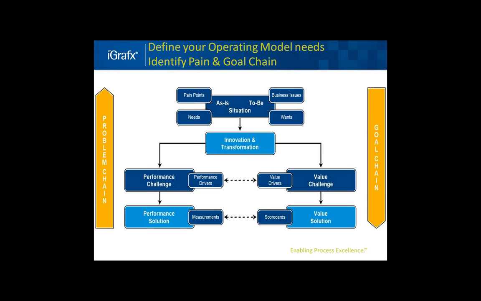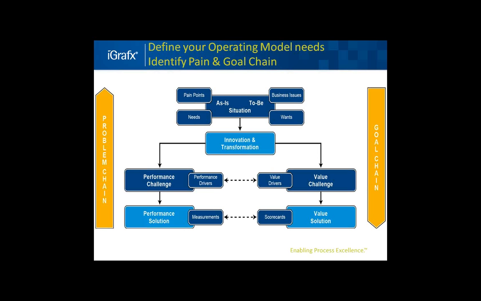In all your different operating models, it doesn't matter how you are set up to operate. You will have bottom-up things that don't work, meaning your performance, your solutions, your challenges from an operation perspective, meaning you have certain pain points and needs based on the as-is.